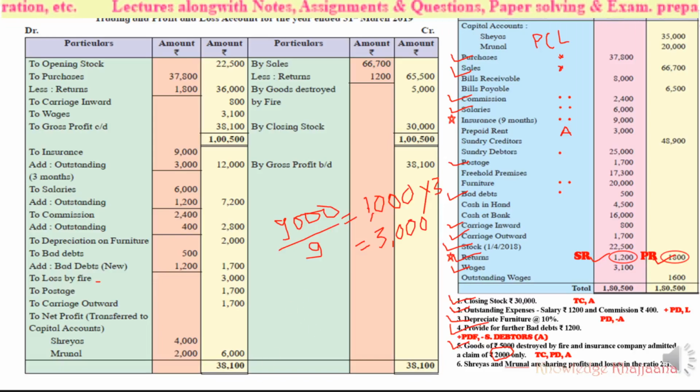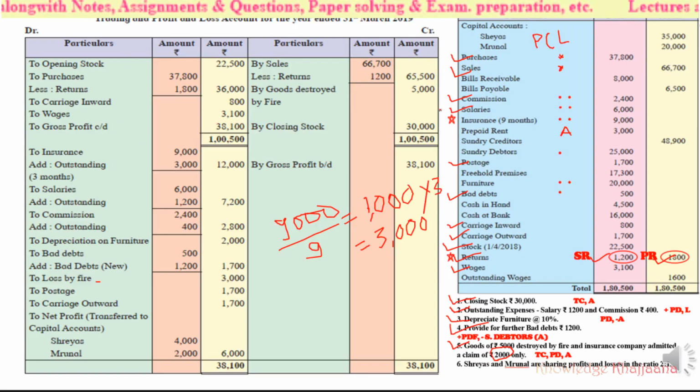See what we have completed so far. So far we have completed the posting of items from trading account and profit and loss account. So we can calculate the gross profit now. All the items on the trading account credit side and all the items on the trading account debit side we have completed the posting.